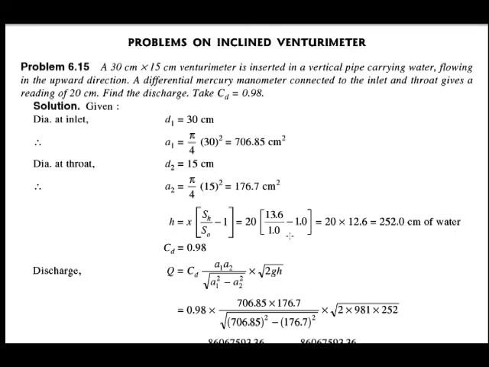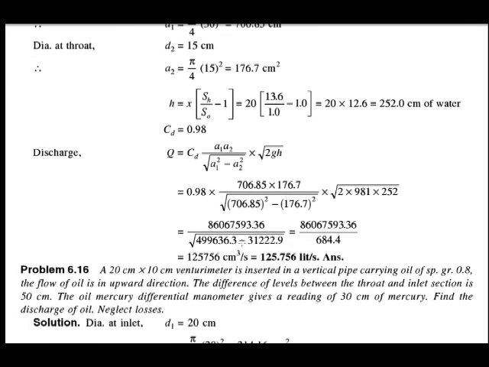Then the value of CD they have given as 0.98. The formula for the discharge is CD into A1 A2 upon square root of A1 square minus A2 square, into square root of 2GH.